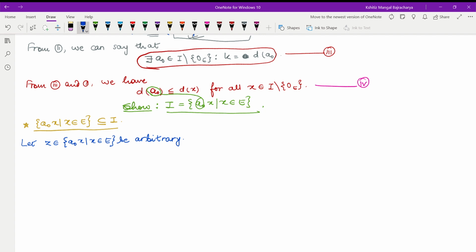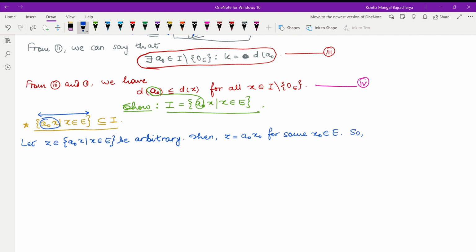Then as per the definition of this set, we can say that Z can be written in the form of a0 times x0, for some x0 belonging to E, because every element of this set should have this form.